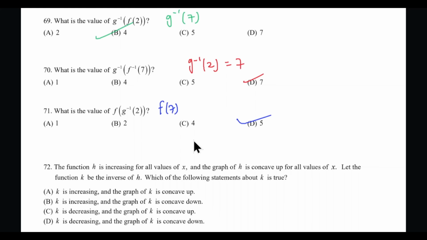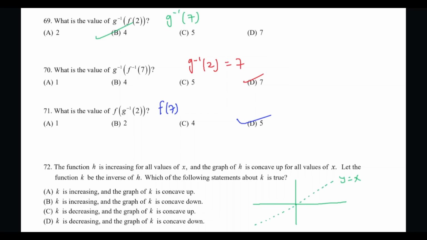Okay. The function h is increasing and the graph of h is concave up. Let k be the inverse. Then which of the following statements about k is true? Remember that a function and its inverse are always mirror images about the line y equal to x, right?